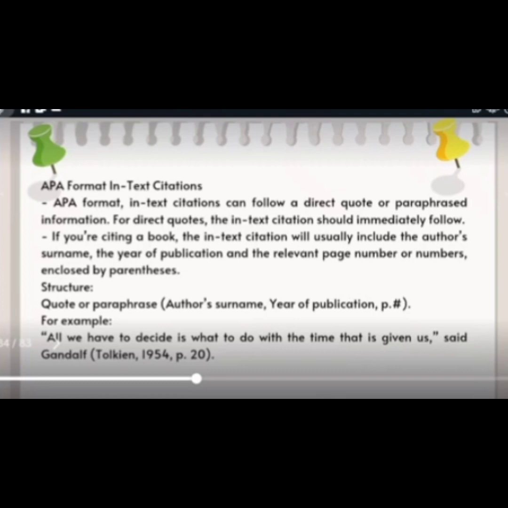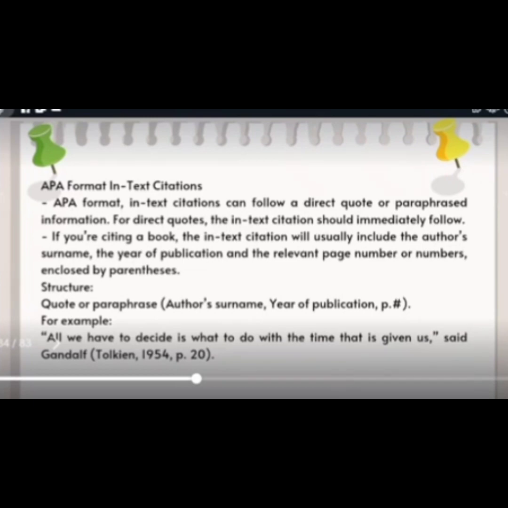Okay, let's see this structure here. Quote or paraphrase, now parenthesis, author's name, comma, year of publication, comma, page number, and parenthesis again. For example, this quote here: "All we have to decide is what to do with the time that is given us," said Gandalf.